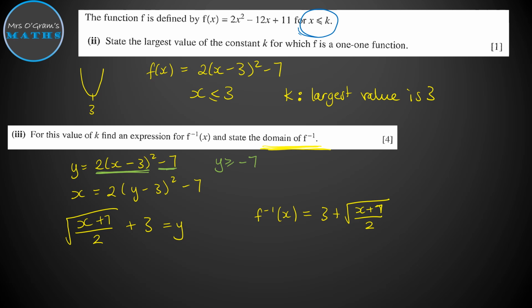So therefore the domain of the inverse will be exactly the same. So on this inverse function, x can be greater than or equal to -7. You can think about it in terms of this expression that we have here as well. Of course, it wouldn't make sense for x to be anything less than -7 because you'd end up trying to square root a negative number.